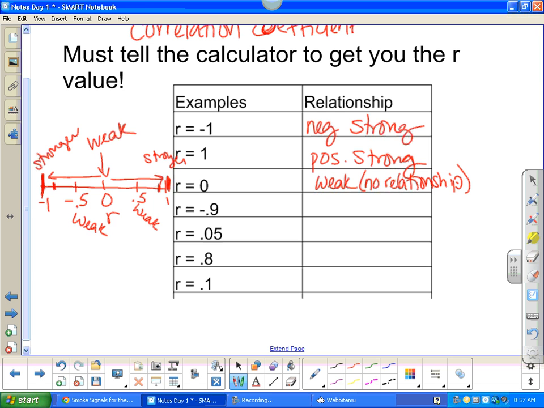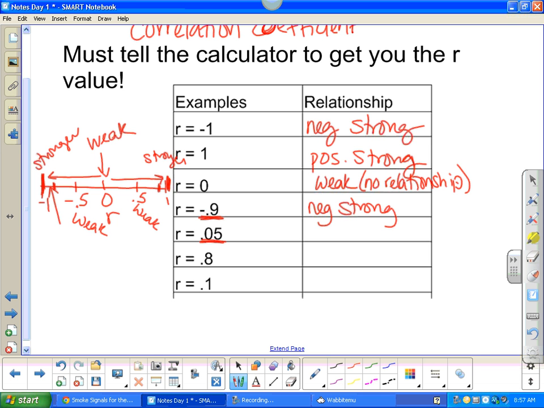If my R is a -0.9, is that close or far away from a 1 or a -1? And that's super close to a -1. So that has a negative relationship, but it is really strong because it would be right there. Now, 0.05. How close to 1 or to -1 is that?